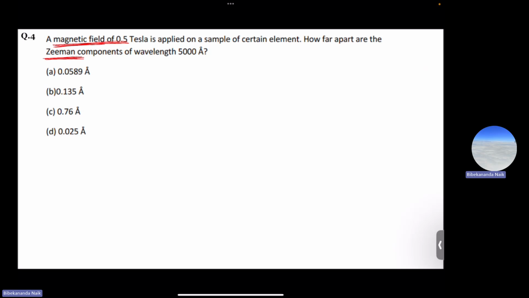If you remember, in the last interaction session while discussing the Zeeman effect, the difference in frequency of the energy levels due to the effect of the magnetic field was calculated, and that was nu equals eB by 4 pi m, or delta nu. Basically, why does this happen?